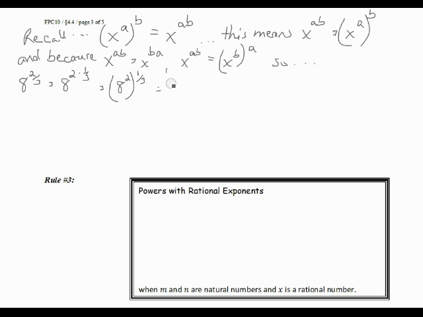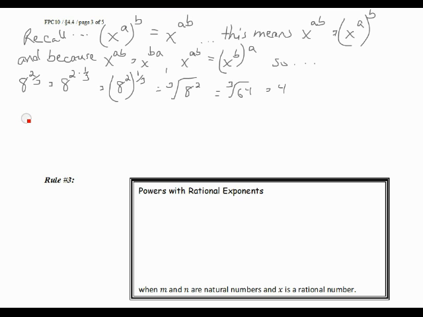So this is the cube root of 8 squared. And 8 squared is 64, so this is the cube root of 64, which is 4. Now if we go back and we multiply this out, we do this a different way.